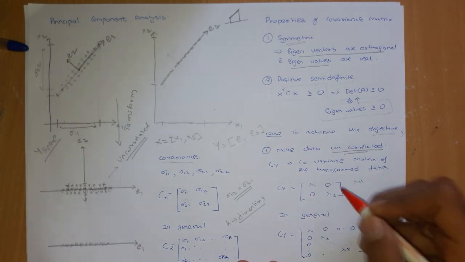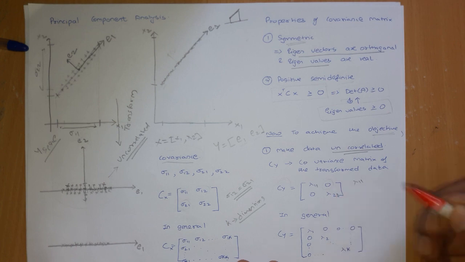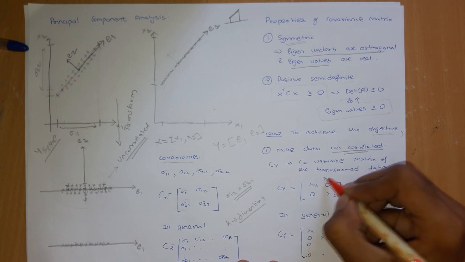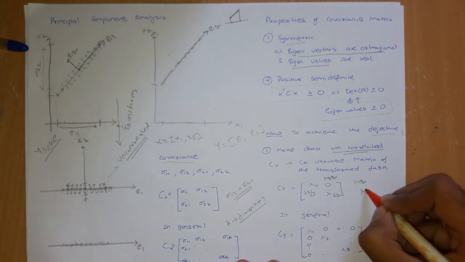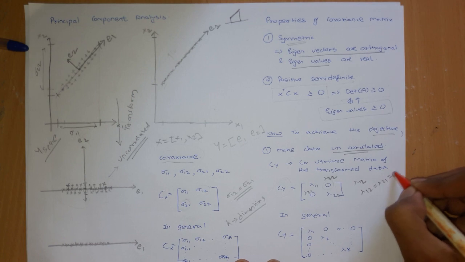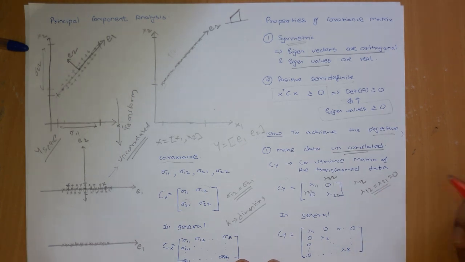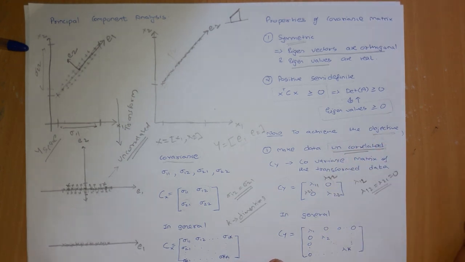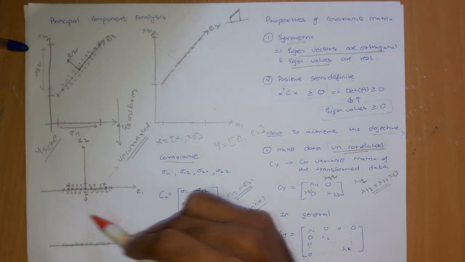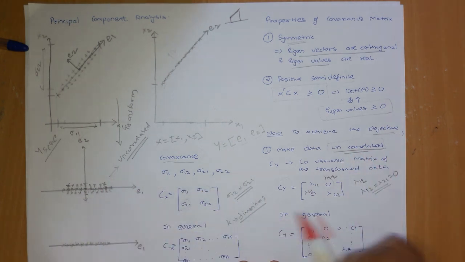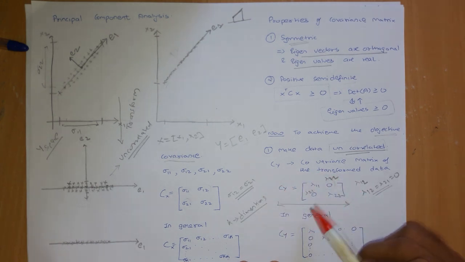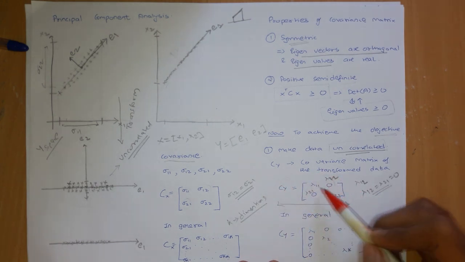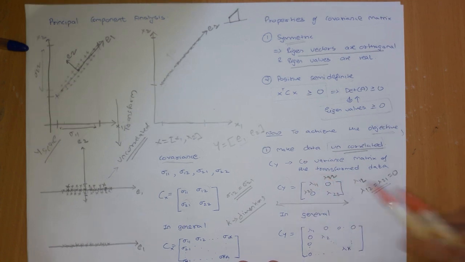So with this notation, this is lambda 1 1, this is lambda 2 2, and then lambda 2 1 and lambda 1 2 should be 0. That is what we mean by an uncorrelated random vector. The data in this space is uncorrelated, so its covariance matrix should be of this sort. It should be a diagonal matrix actually. That is what we want.